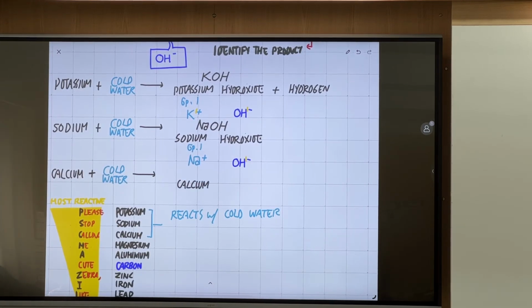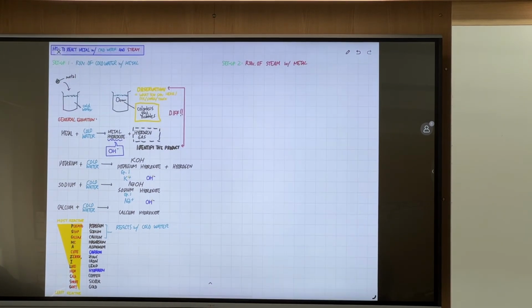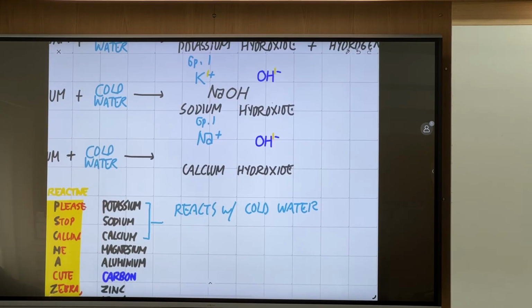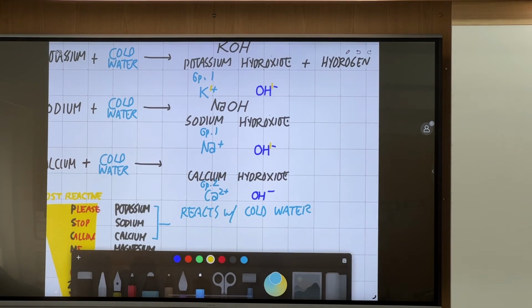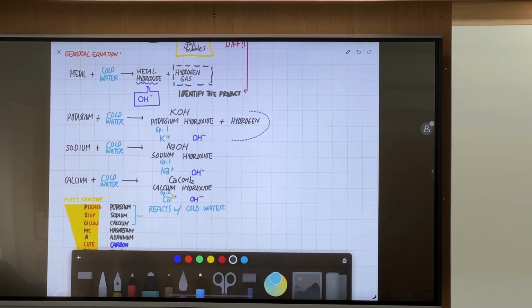Calcium is from group 2, so it should form ions with charge 2 plus. So what happens when you put a 2 plus charge ion next to a 1 minus charge ion? So you have Ca(OH)2. Yes. So can you put that Ca bracket OH 2? That will be calcium hydroxide.